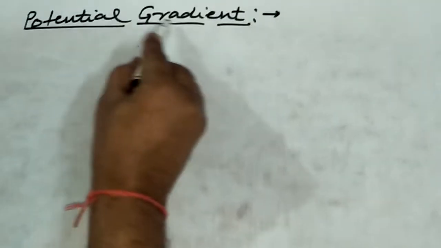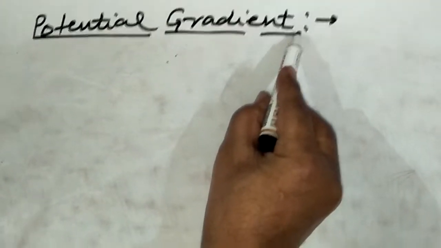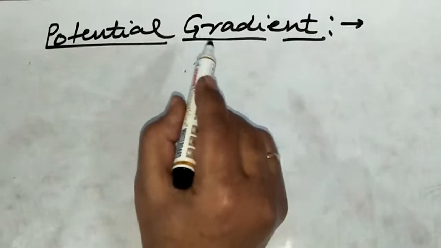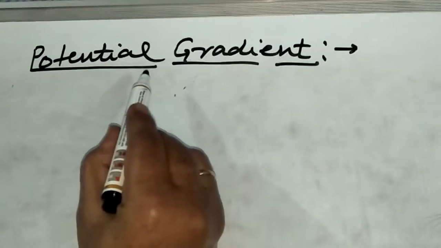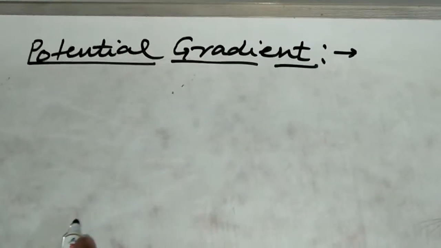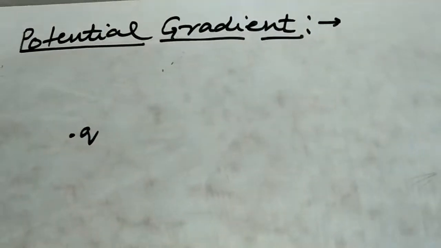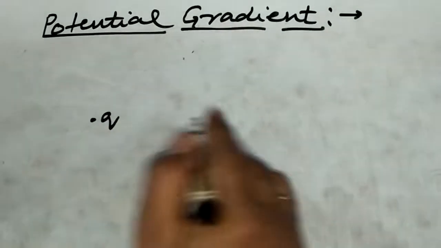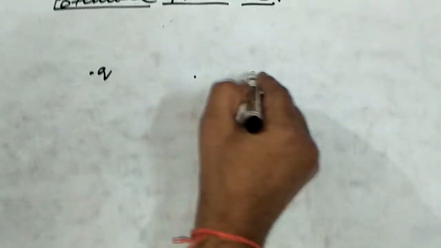Now the next topic is the potential gradient. Dear student, in class 11th you have already studied temperature gradient and velocity gradient. It means the change in that physical quantity with respect to distance is called the gradient of that physical quantity. In an electric field, suppose Q is any source charge, and this whole white board is the electric field of this charge Q. Then this charge Q will produce a potential at each point, and the potential at each point is different.